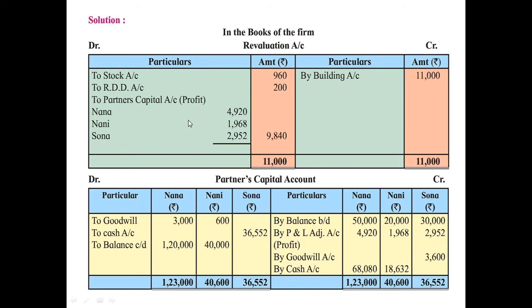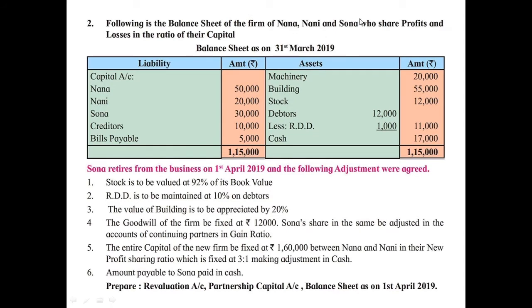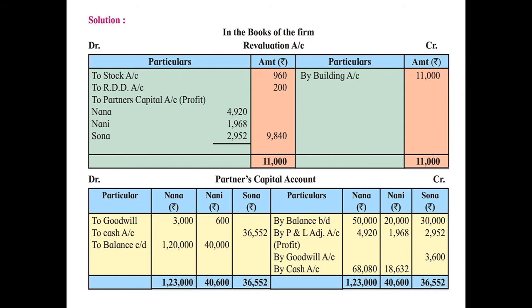It is to be divided among all the partners in their profit sharing ratio, which is given in the question. Here it is mentioned that they share profits and losses in the ratio of their capital. So the profit sharing ratio will be 5:2:3. In that ratio, this revaluation profit is divided among three partners and then it is transferred to the partners capital account.